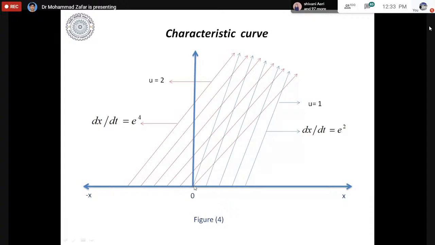The blue color line and the red color line are both there. So this means the discontinuity is already starting at the origin. So the curve of discontinuity which we want to introduce here will pass through this point, the origin. That means X(0) must be 0.